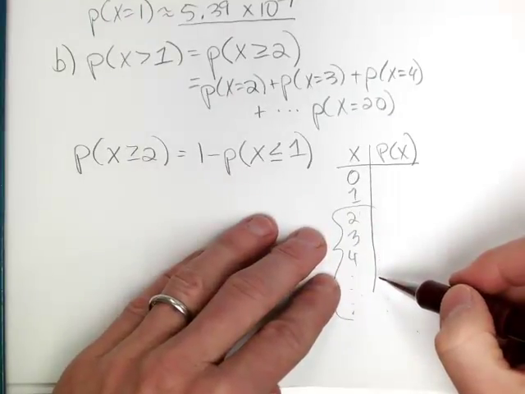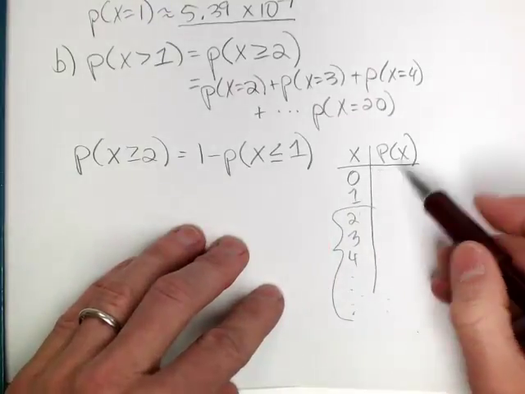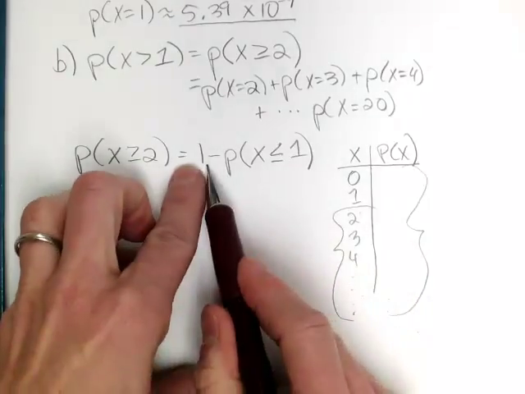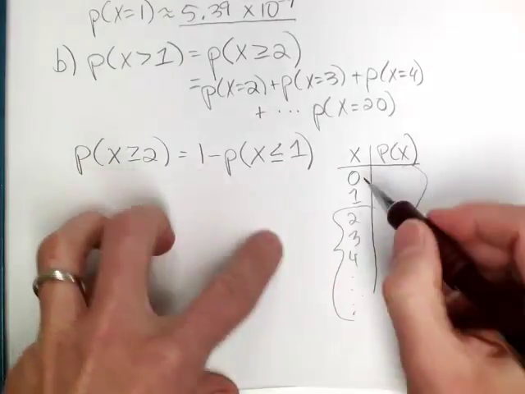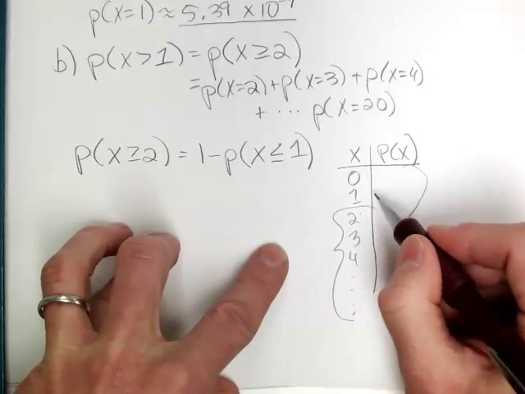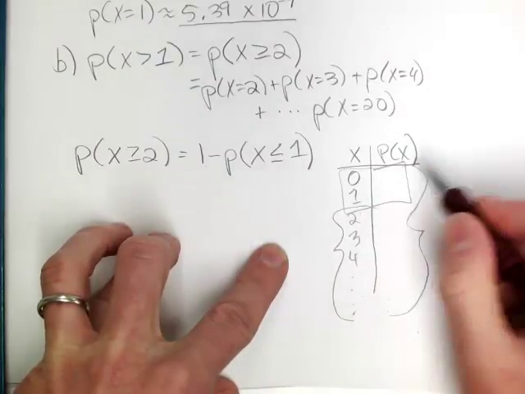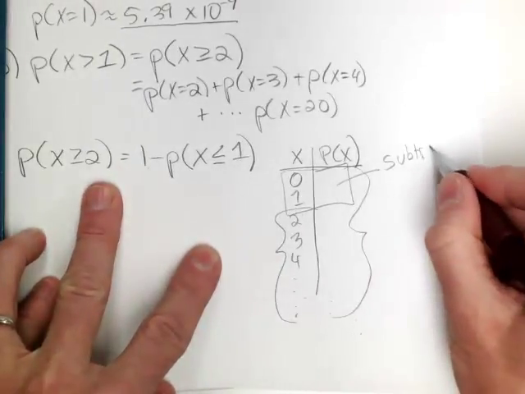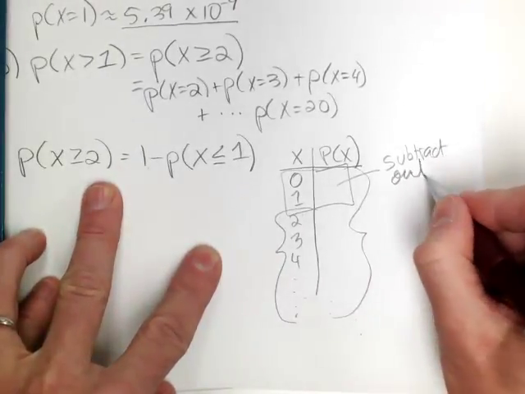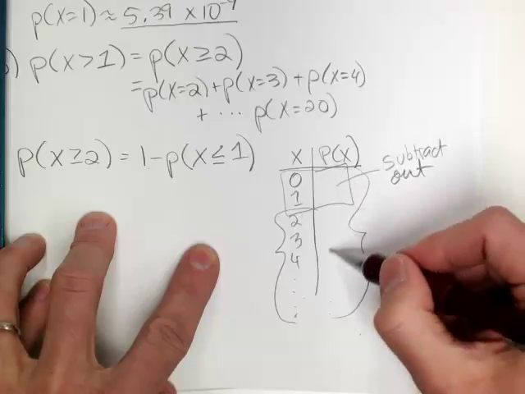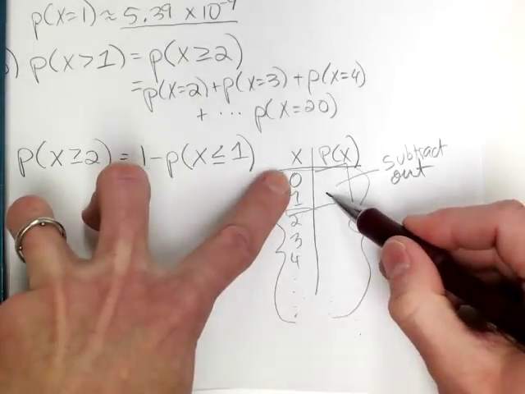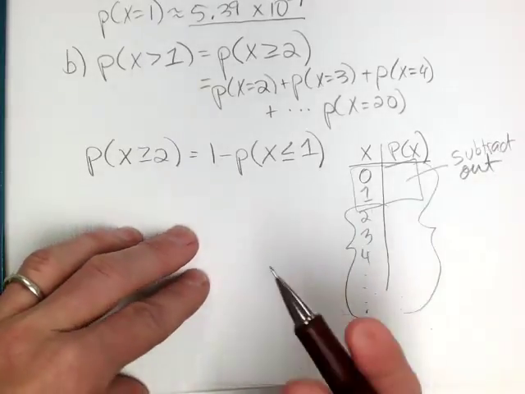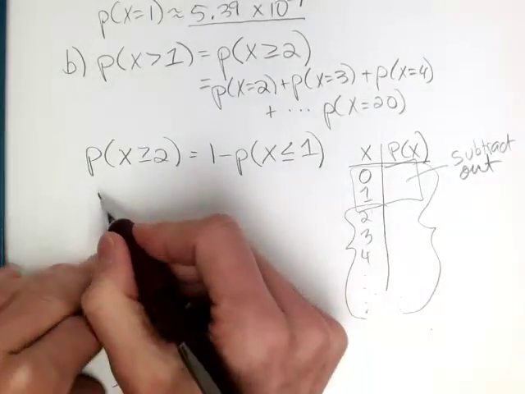So what I'm doing is taking the whole thing, the sum of all the probabilities is 1, and subtracting out the part I don't want. I want to subtract that out. So it's the whole thing minus the sum of the probabilities we don't want. This is the workaround we have to do to use our calculator.